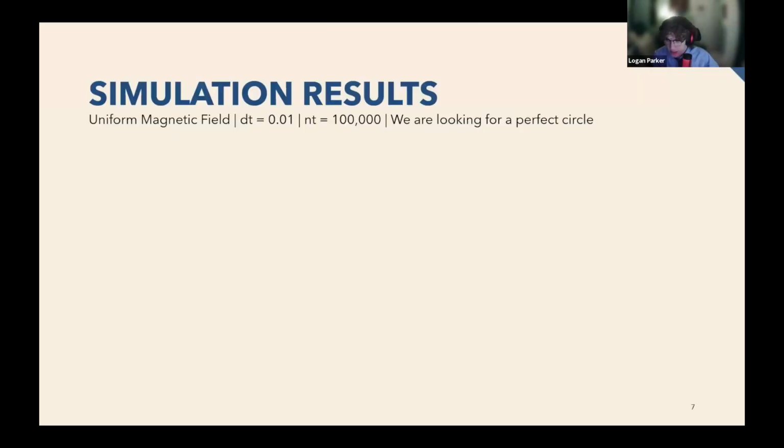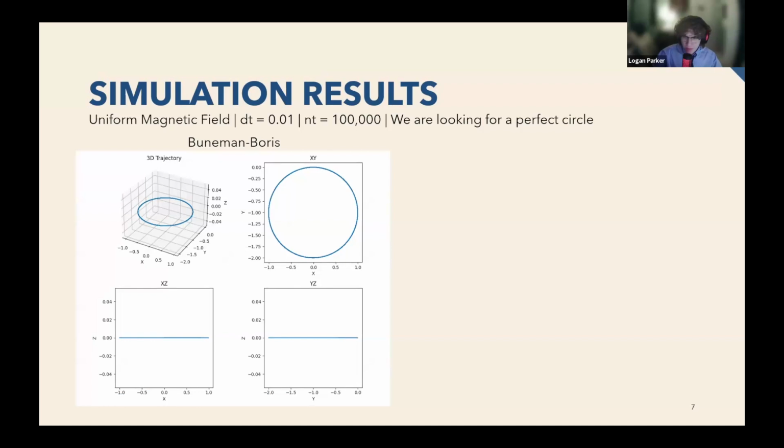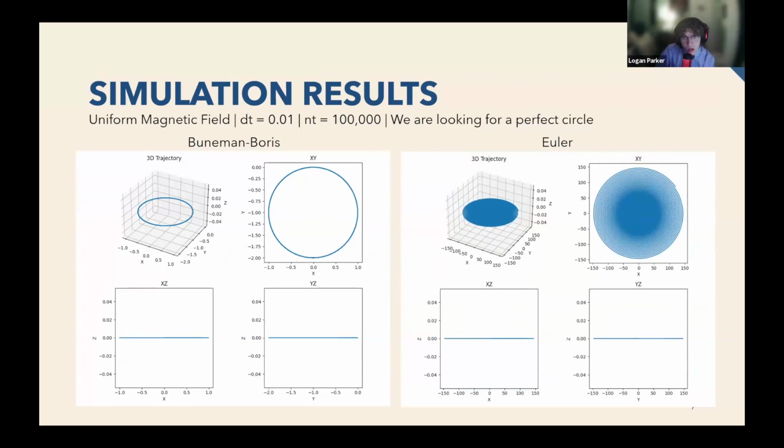And here's the difference. Given a uniform magnetic field with the properties shown, what we're looking for is a perfect circle. Boris gives us that perfect circle, as you see, from 0 to -2 on Y and from -1 to 1 on the X axis. But let's see what this looks like with Euler.